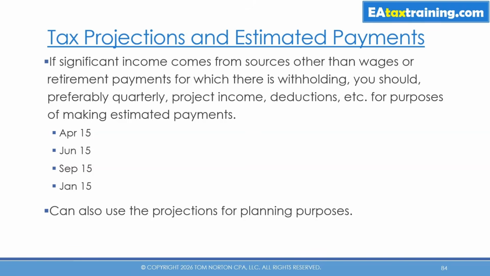So you'd like to sit down, hopefully every quarter, and do these projections. You can use these projections not only for making estimated payments, but you can use them for other planning purposes. So these other things we're going to be talking about, you can use these projections for doing that. Some of the things we've already talked about in these videos, it's going to be helpful to have projections done. So as you're going throughout the year, you can be thinking about what do we need to do before the end of the year.